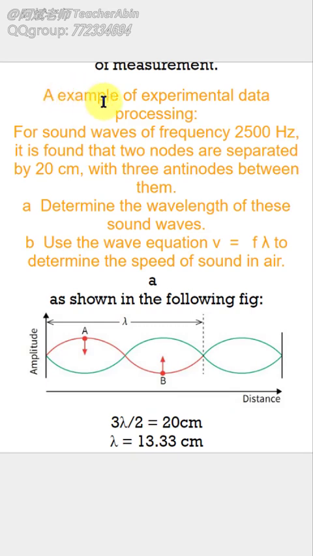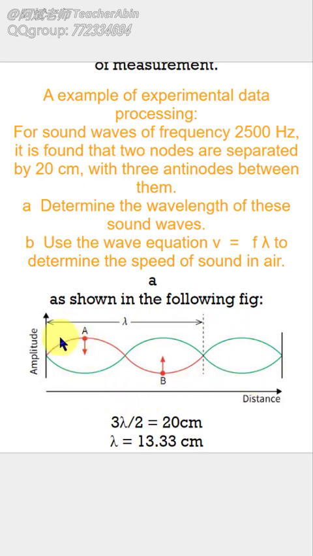To work out an example, they give us the frequency of the sound wave and the distance 20 centimeters between two nodes with 3 antinodes between them. So we can draw a figure. Two nodes with 1, 2, 3 antinodes between them.